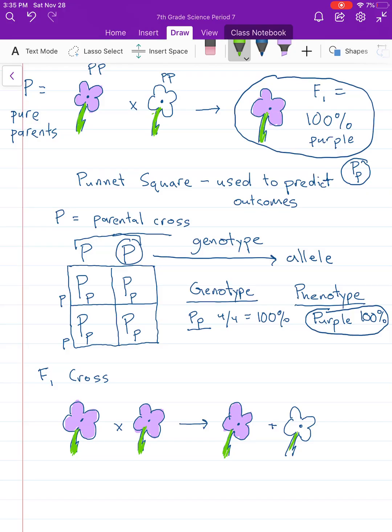And I typically ask this in class, you know, cross a purple with a purple, what do you get in the F1 cross for what's called the F2 generation? The F2 generation. And he got purple and white.